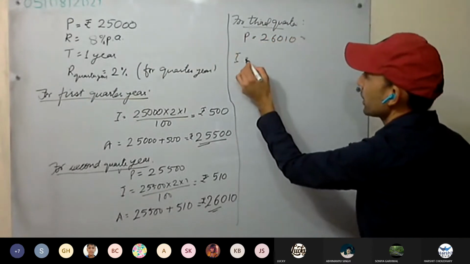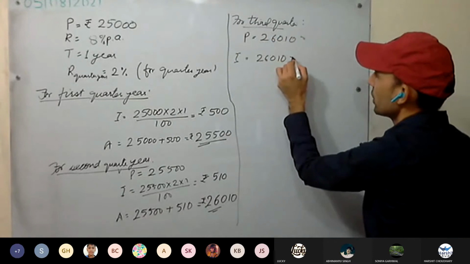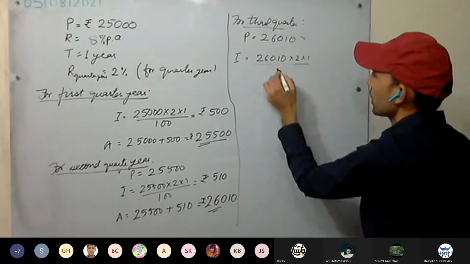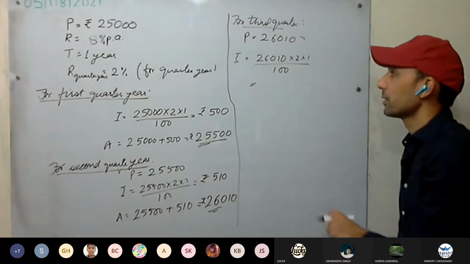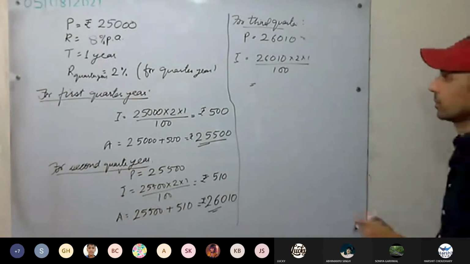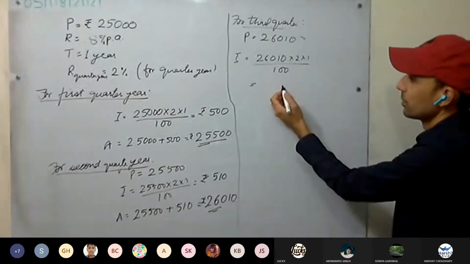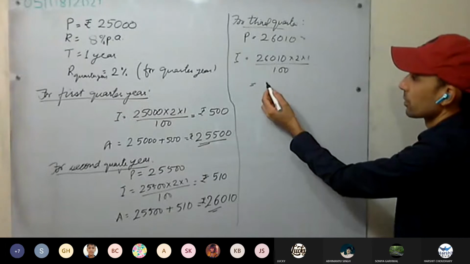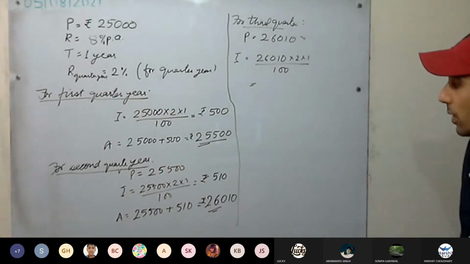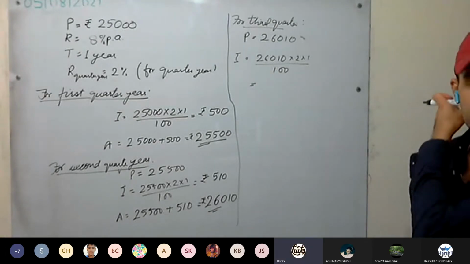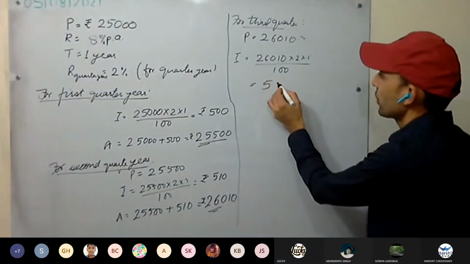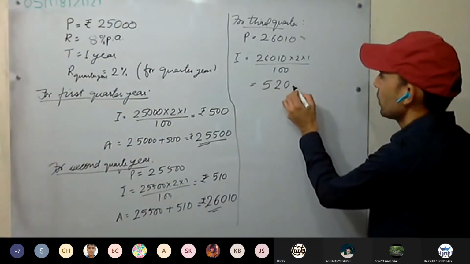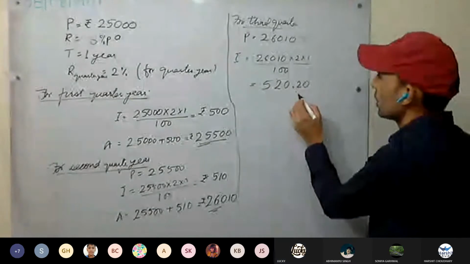Interest: calculate 26,010 into 2 into 1 divided by 100. How much will you get? 520.20.